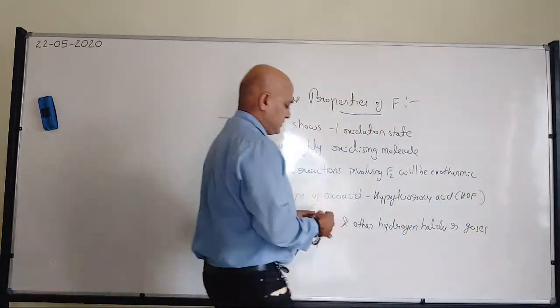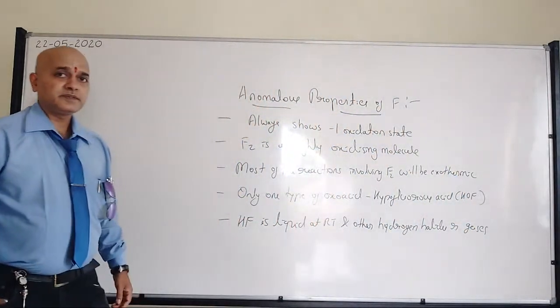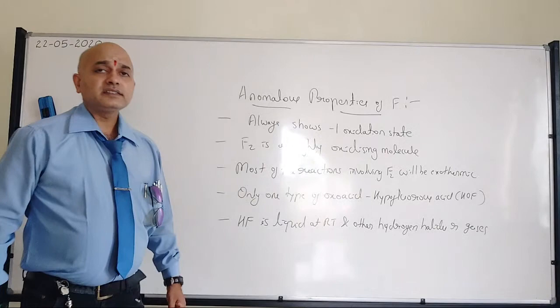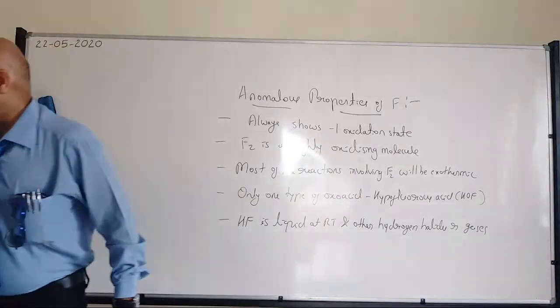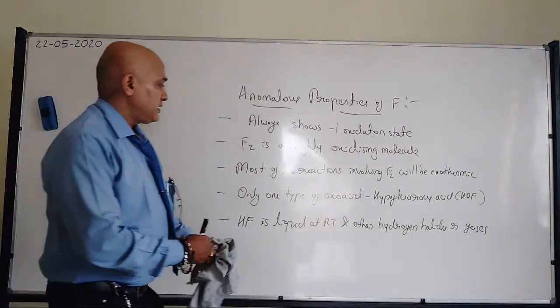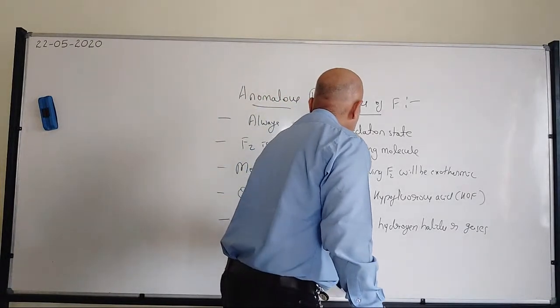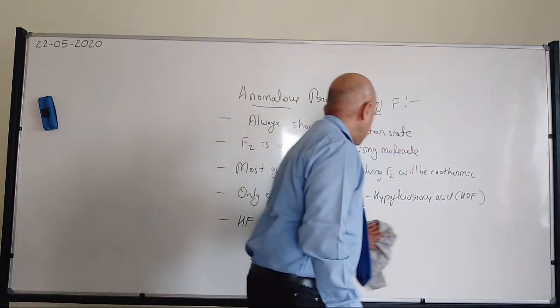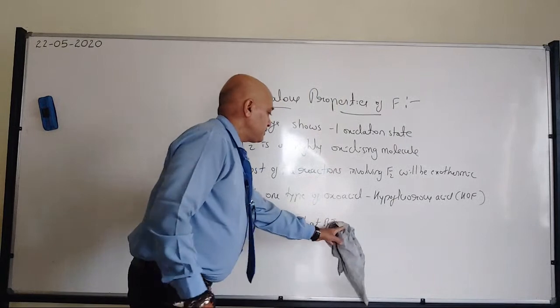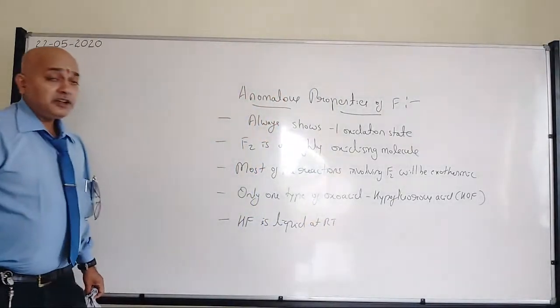Especially if I take HCl, they are gases. So this can be the reason I will mention. Hydrogen fluoride is liquid at room temperature. This is not liquid. Okay? So hydrogen fluoride will be liquid at room temperature.